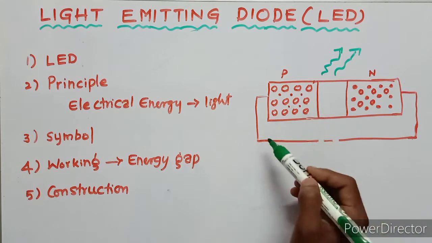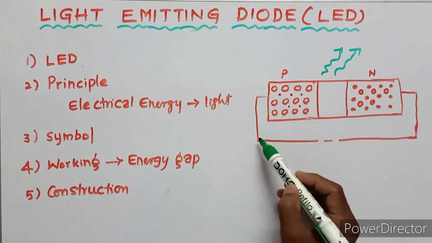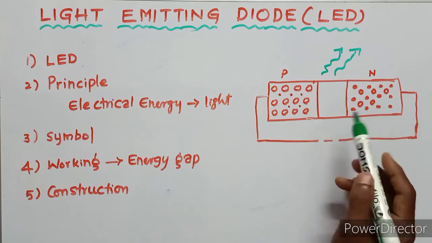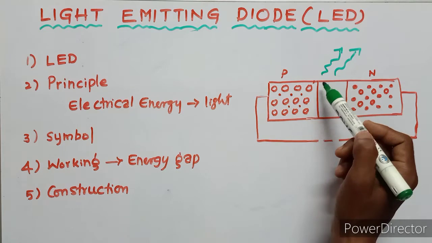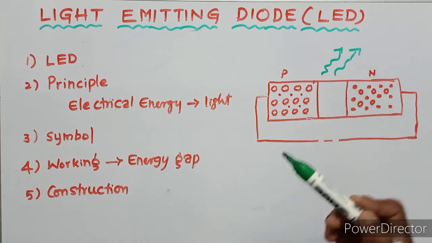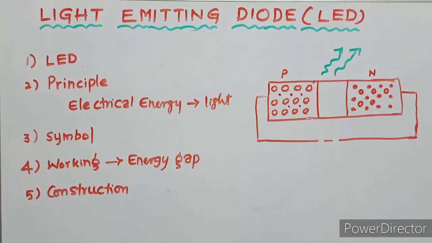What is the light emitting diode? If the electric current flows through the PN junction diode, then the light emits. So that semiconductor is called a light emitting diode, LED.